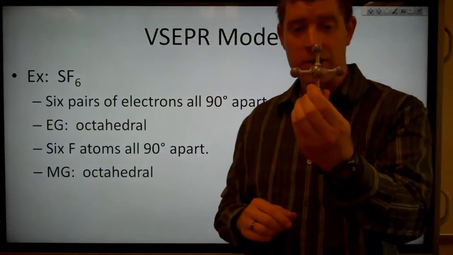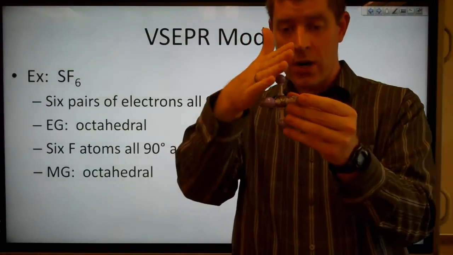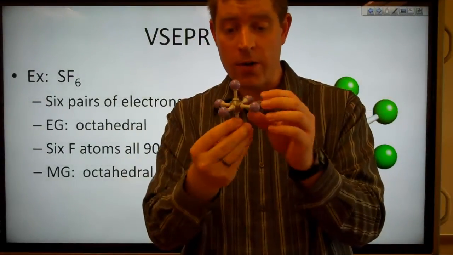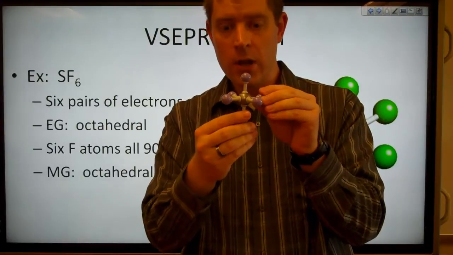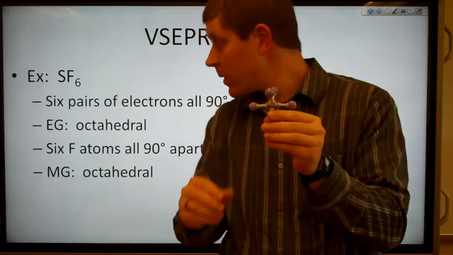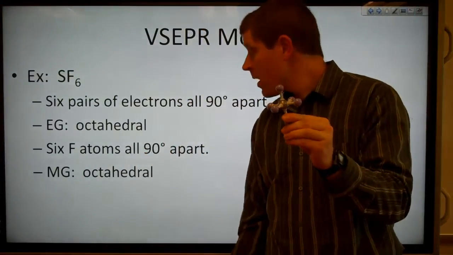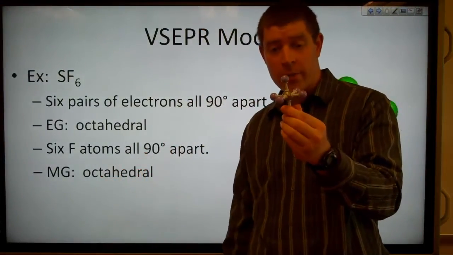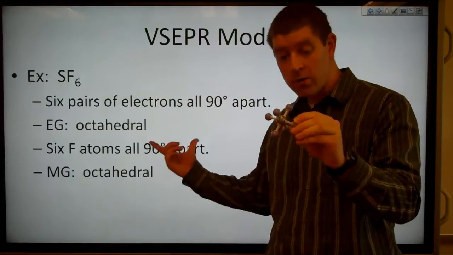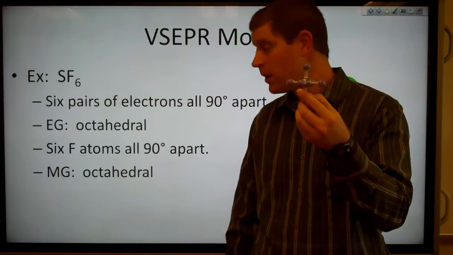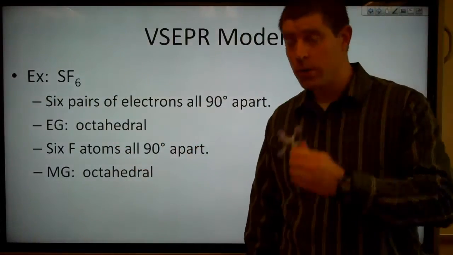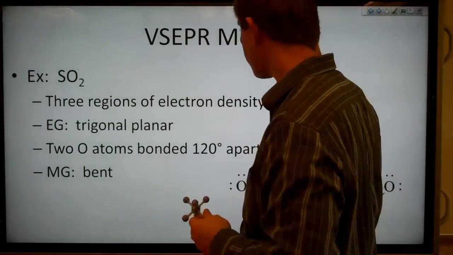So this is called octahedral, because if we imagine a plane on each side here of our pyramids, we have 8 sides, so we get an octahedron. And again, here our molecular geometry is the same as our electronic geometry. So all 6 of our atoms are at 90-degree angles to their neighbors.